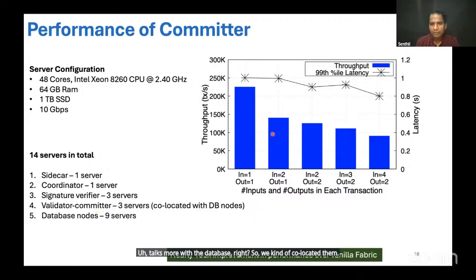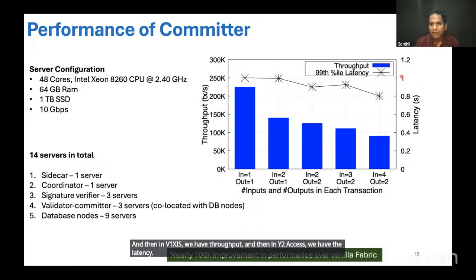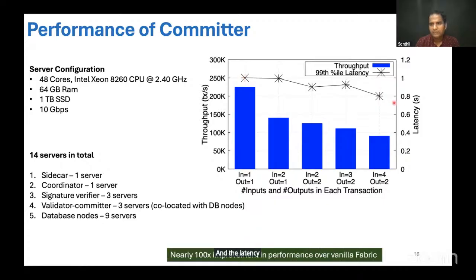In the graph, you can see on the x-axis the number of inputs and outputs per transaction. That is nothing but the number of reads and writes. On the Y1 axis we have throughput, and on the Y2 axis we have the latency. The latency was always below 1 second, whereas throughput decreased from around 230K TPS to almost 90K TPS as we increased the number of reads and writes.